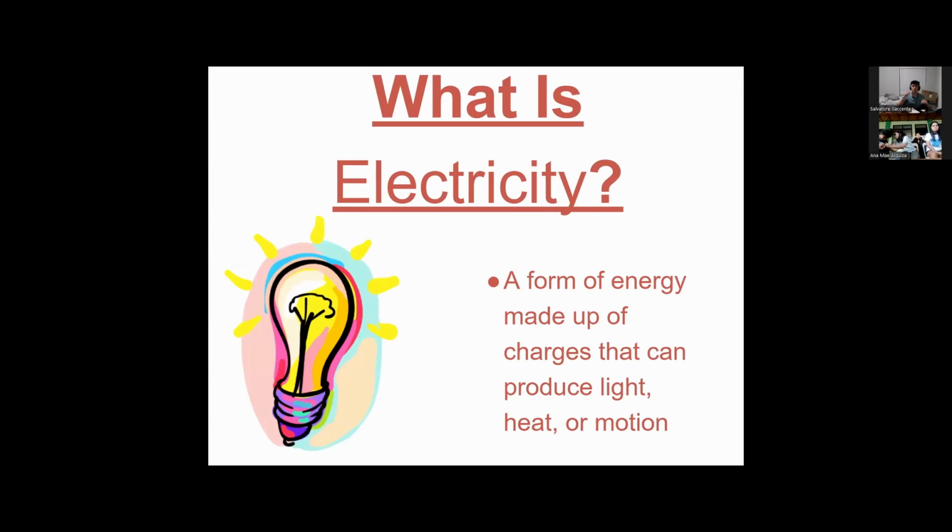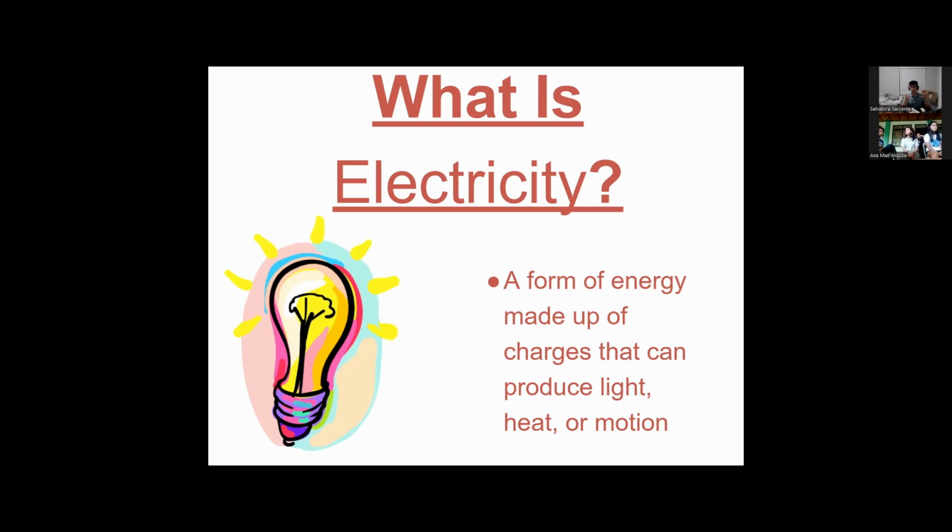So here's the question, okay? What is electricity? Electricity is a form of energy made up of charges that can produce light, heat, or motion. So it's important to know what energy is when we talk about electricity, okay?